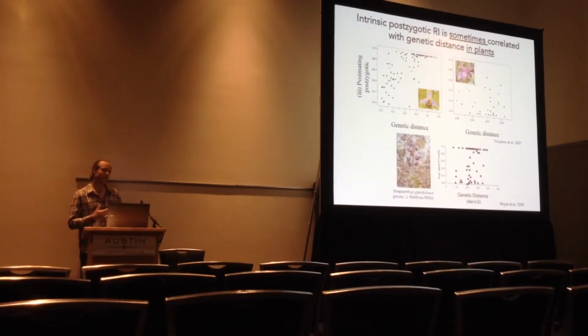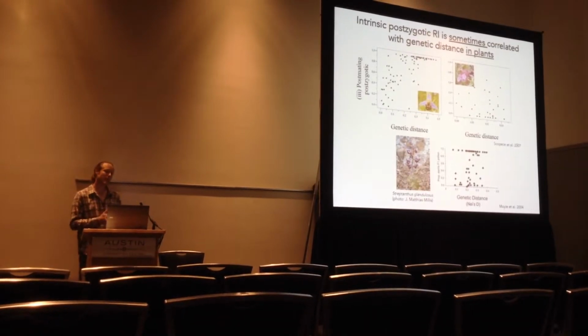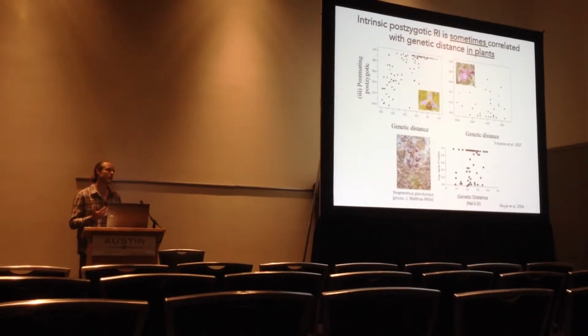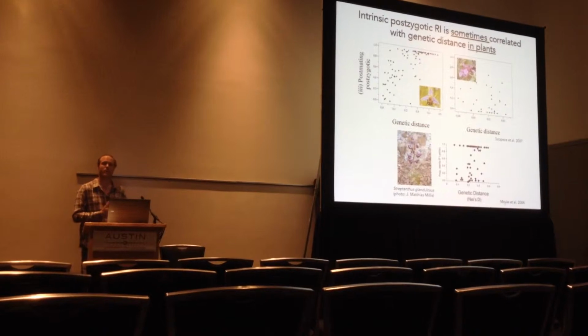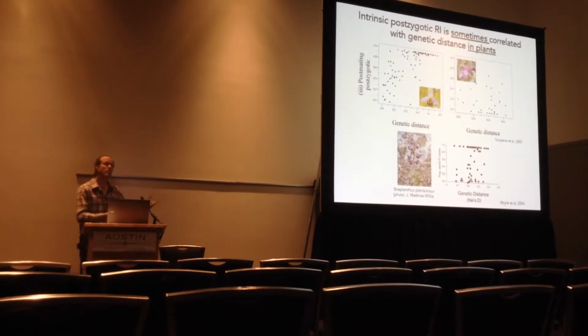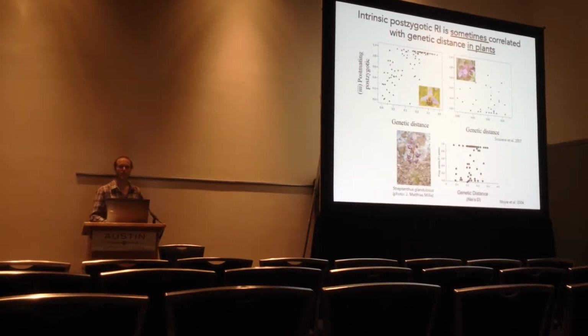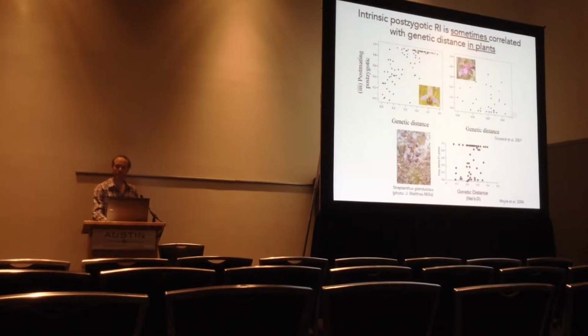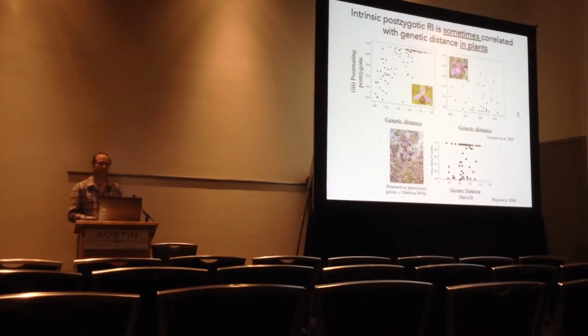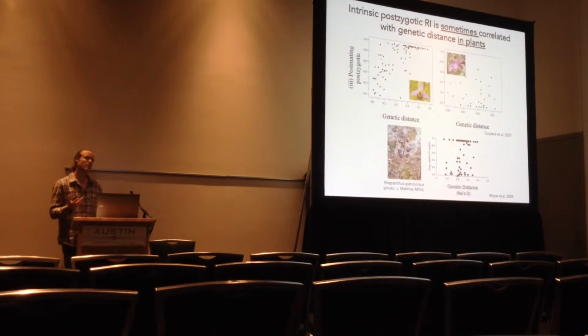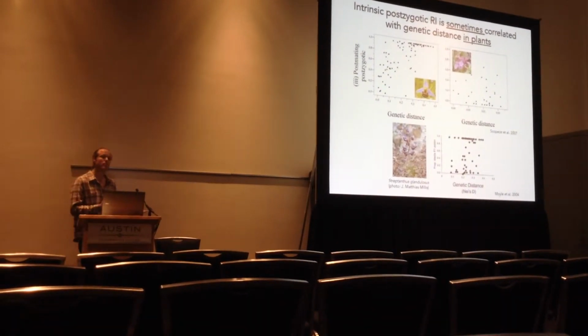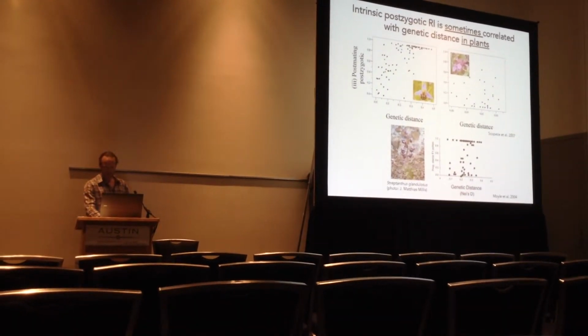We know that in plants a lot of strange things can happen. We can have polyploidy, chromosomal rearrangements, mutations of large effect, and we can also have genic incompatibility. But one potential explanation for this lack of a correlation is some different underlying genetic architecture in plants than in animals.